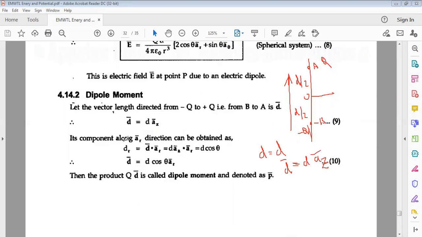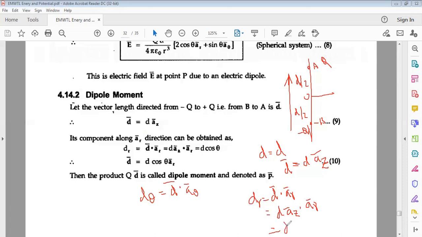Its component along the R bar direction: component means d_r is equal to d bar dot a_r bar. Similarly, d_theta is equal to d bar dot a_theta bar, the component along the direction of a_theta, and so on. So d_r is equal to d bar dot a_r bar, and that d bar is in the positive z direction, d into a_z bar dot a_r bar.